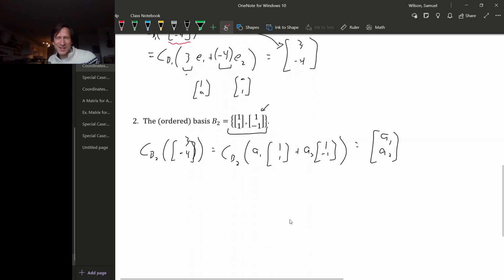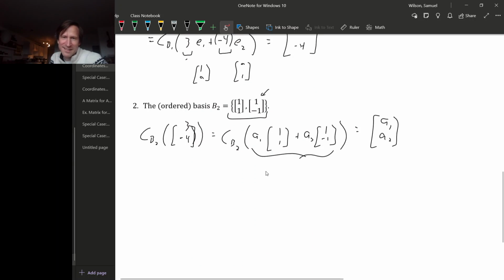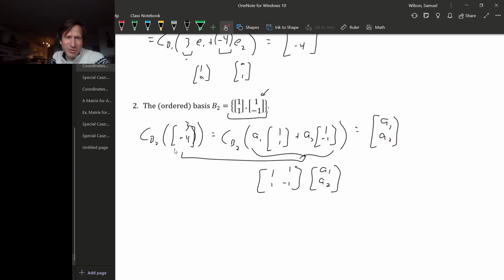This is the same thing as the matrix with columns 1, 1 and 1, minus 1 times a1, a2, and this is supposed to be equal to this vector here, 3, minus 4. So all we need to do is solve this linear system, and we'll have the coordinates of this vector 3, minus 4 relative to this basis.